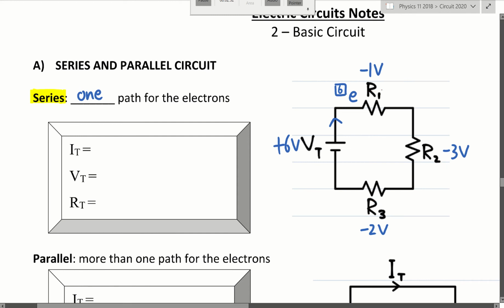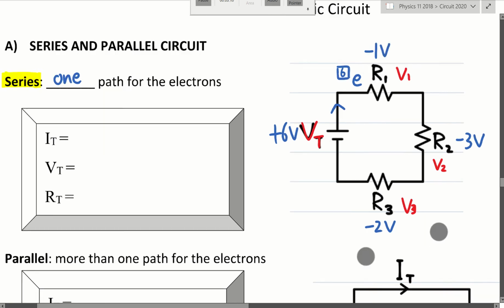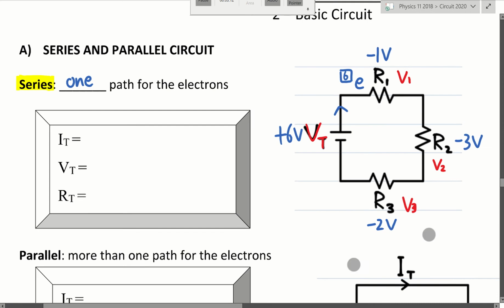Now, what we can say is that the amount of voltage that you drop here, V1, V2, and V3, should always add up to V total. That's the most important thing. So V1, V2, and V3 should always add up to V total. Yes, there is a plus or minus, but it's like saying that you pick up something and you deliver something.